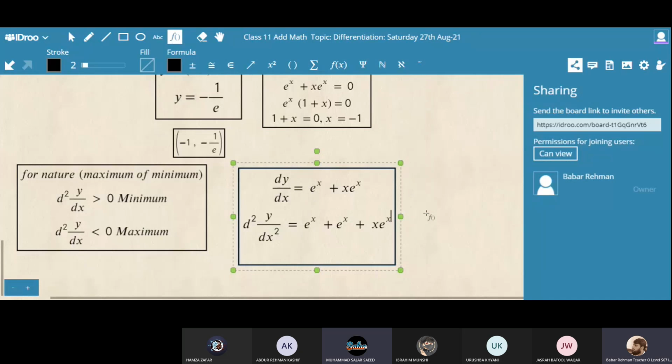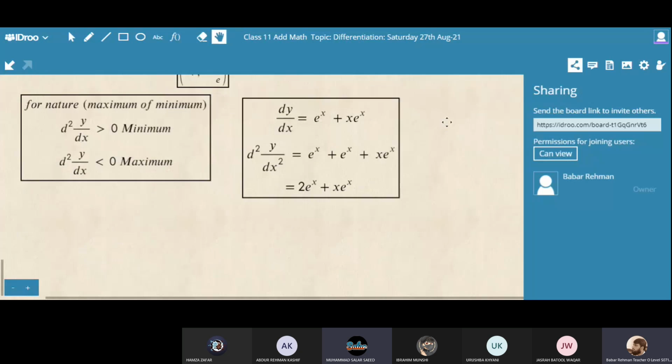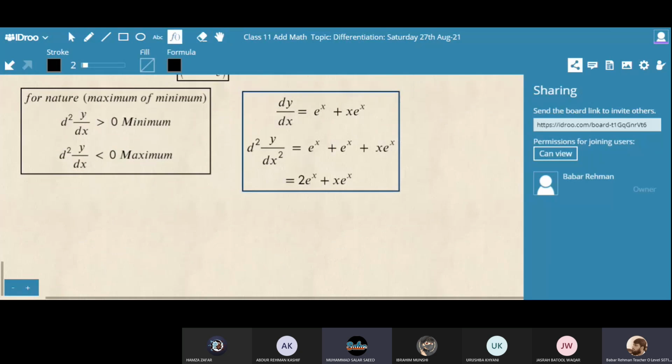Sir, 2e power x. Then plus x e power x. Next step: we will insert the value x equals minus 1.